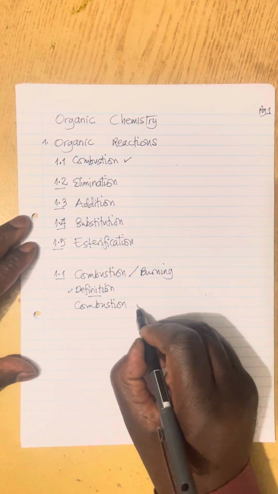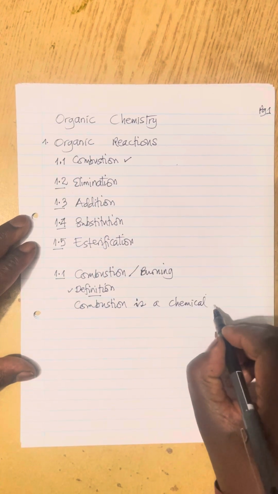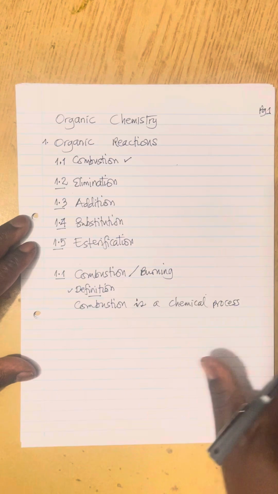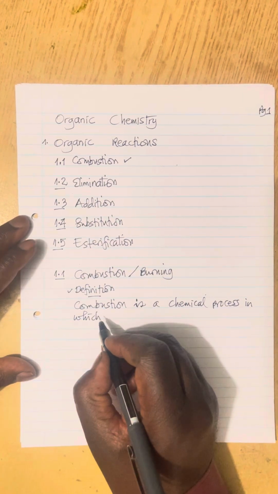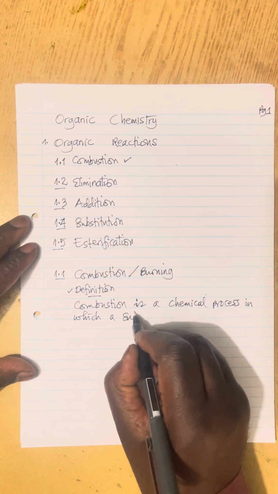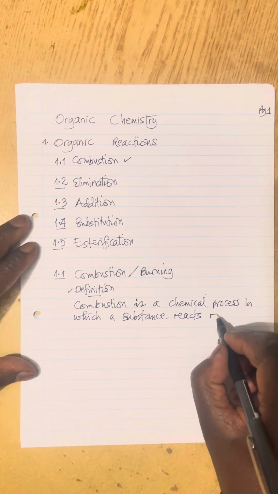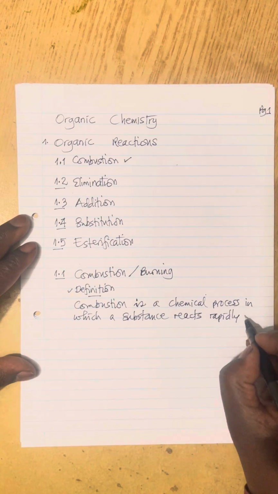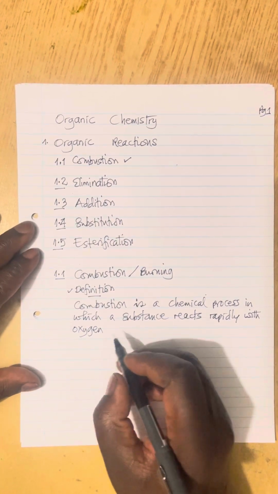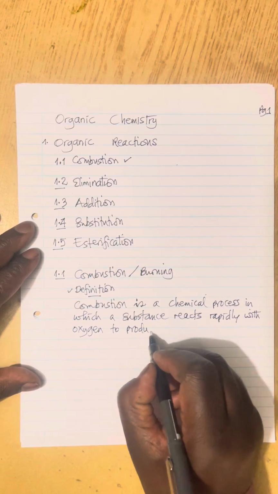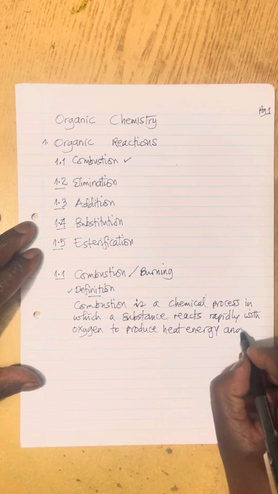Combustion is a chemical process in which a substance, any substance, reacts rapidly with oxygen to produce heat energy and light.